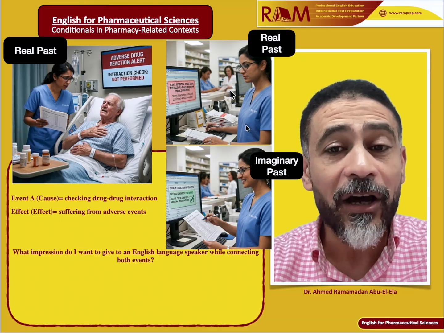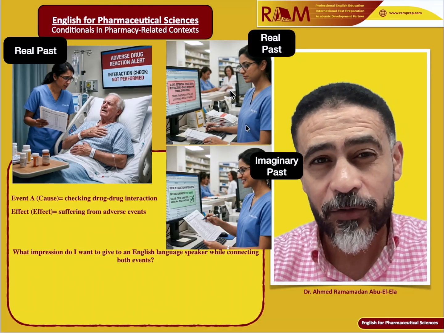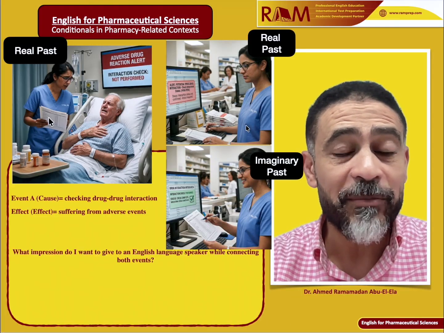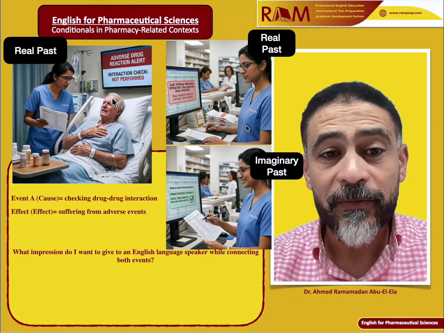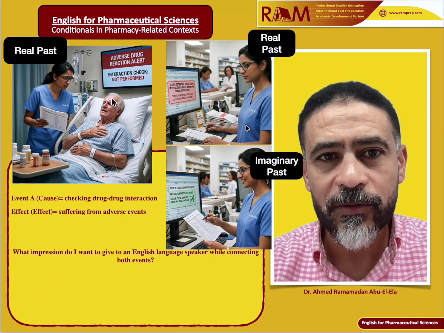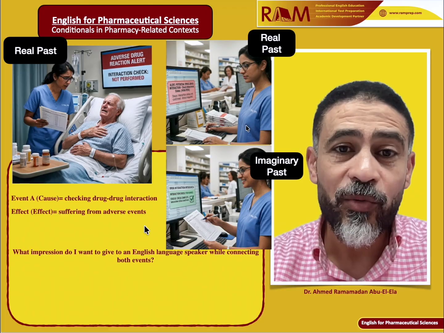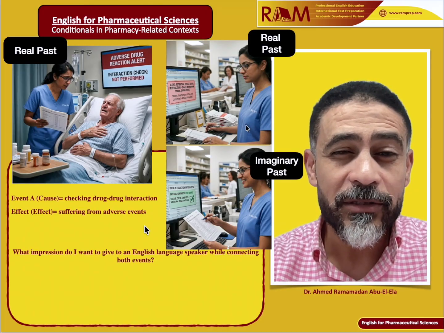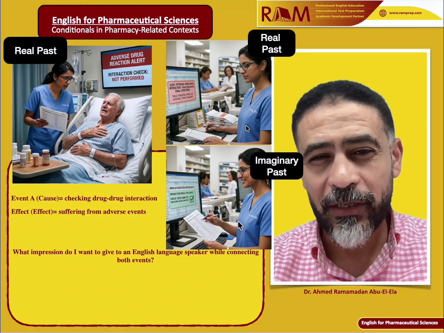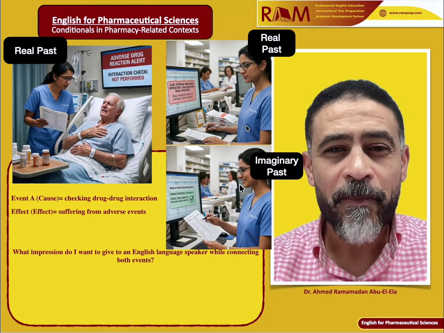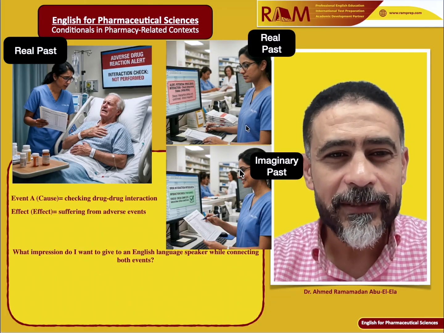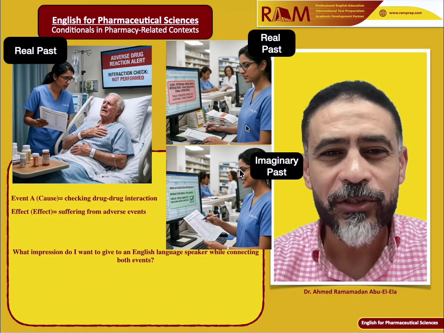After that, what happened in the past is that the patient suffered some serious adverse events. Now we have an imaginary situation. Now I want to imagine that the pharmacist had checked the drug-drug interaction.